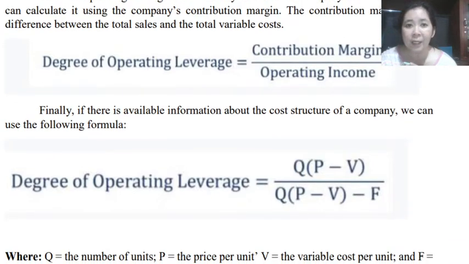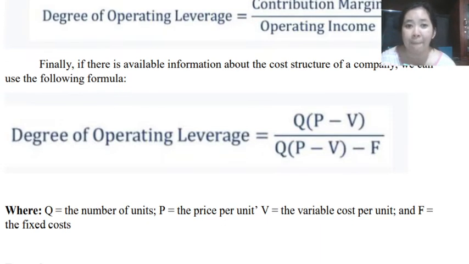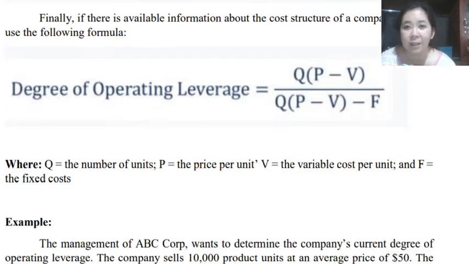So finally, if there is available information about the cost structure of the company, you can also use this formula. Degree of operating leverage is equal to Q times the difference between P and V, divided by Q multiplied by the difference between P and V, and then we will deduct F. So what are these variables?